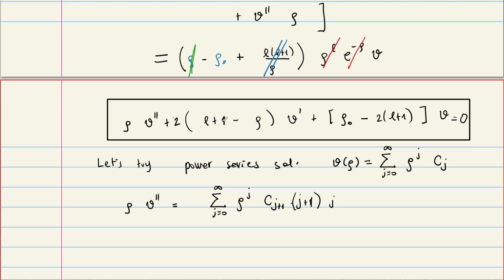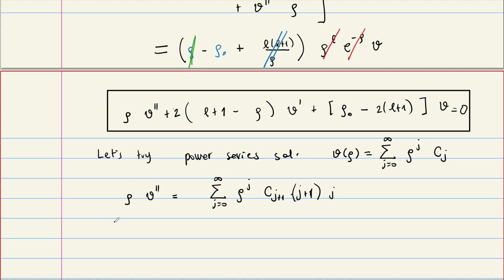Now I look at the second term. In the second term, I have a constant multiplying the derivative of v, and I have something like rho multiplying the derivative of v. And let's do them separately. So 2L plus 1 times v prime is equal to 2L plus 1 times, again the same function, and I'm going to take the first derivative now.